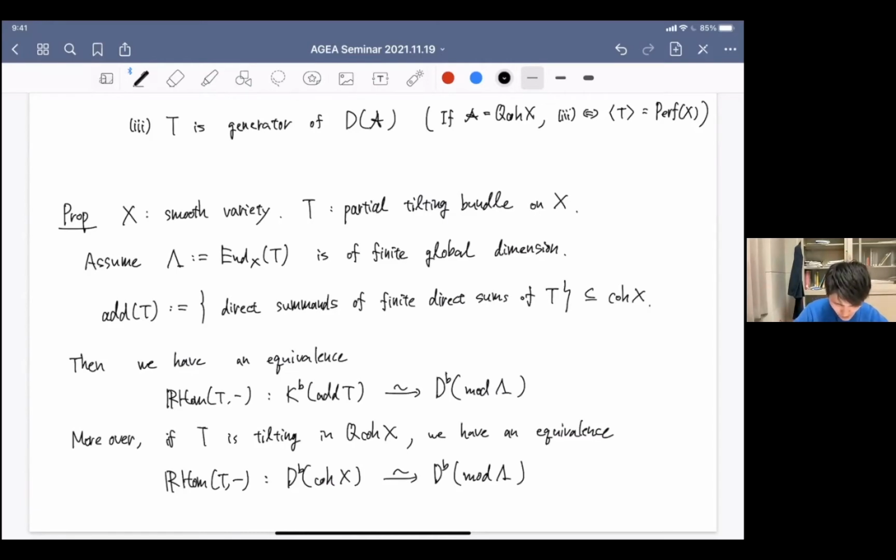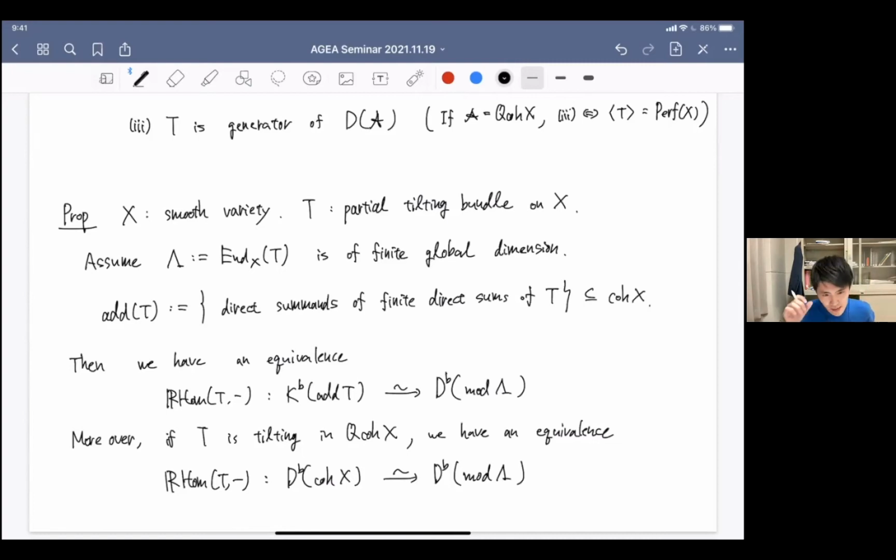And write add T for the subcategory of coherent sheaves consisting of all direct summands of finite direct sums of copies of T. Then we have an equivalence between the bounded homotopy category of add T and the bounded derived category of finitely generated modules over Lambda.